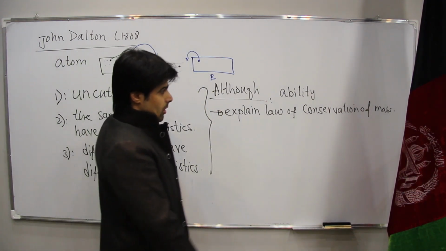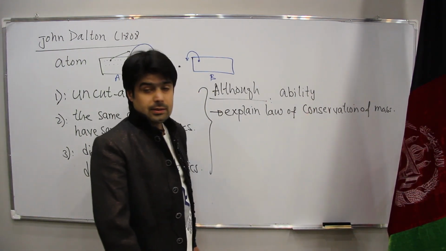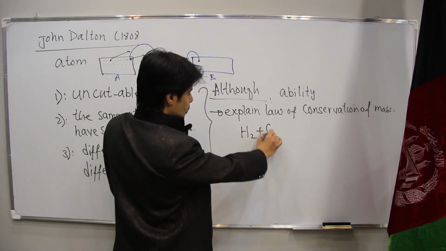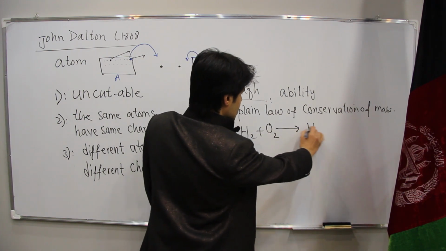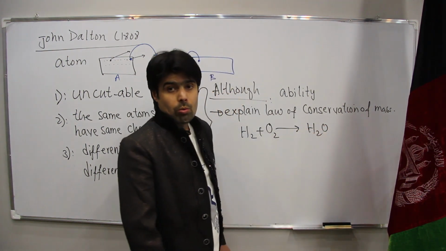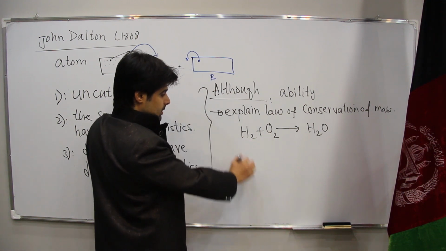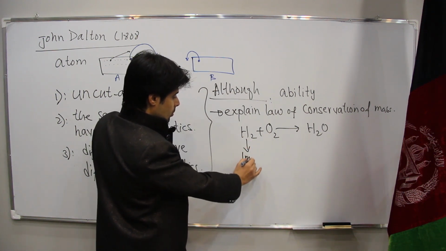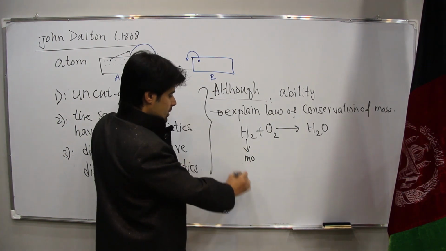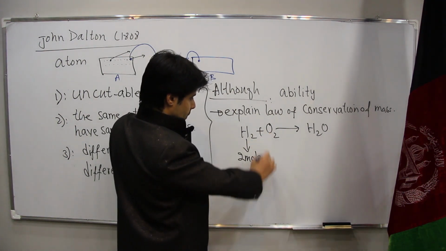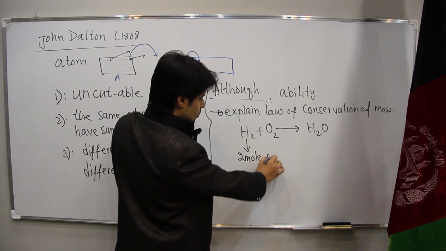We will study, inshallah, what conservation of mass is. It means, for example, we are putting hydrogen with oxygen and we are getting H2O. Now, hydrogen and oxygen, what is the mass? Maybe, for example, 1 mole or 2 mole, whatever it is, and we have got, for example, 1 mole.